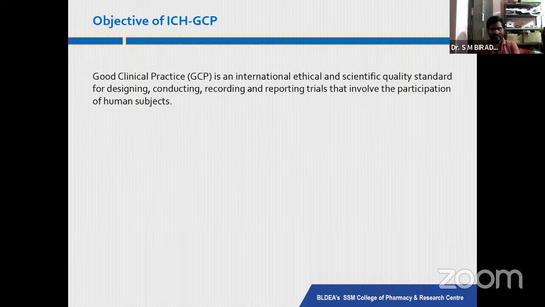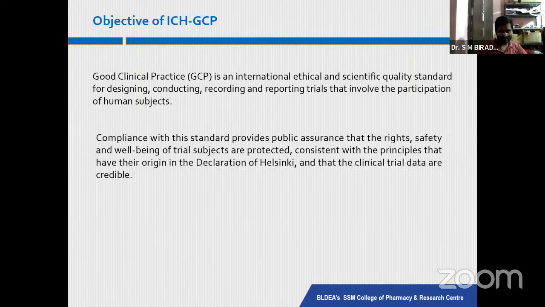Wherever humans are involved, we need to follow ethics in designing, conducting, recording, and reporting. All the stages of clinical trials have their own frameworks or norms, and everybody has to follow them without any violation. That is the objective of developing good clinical practice.